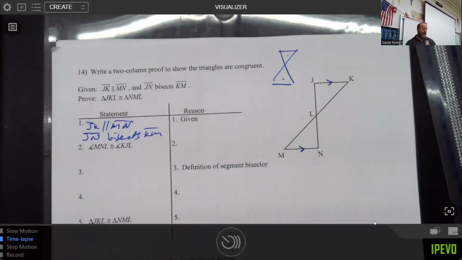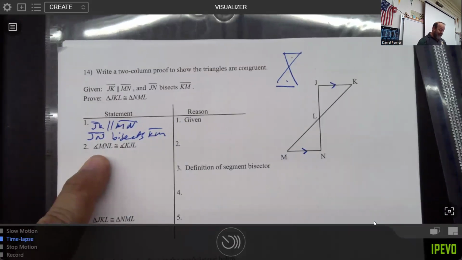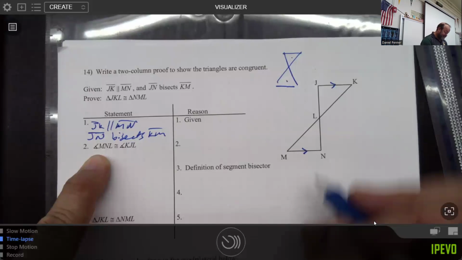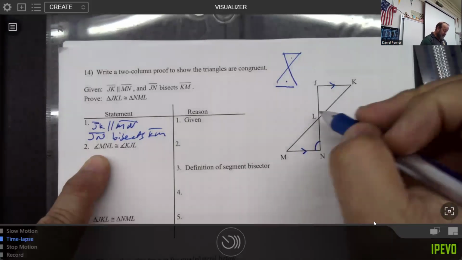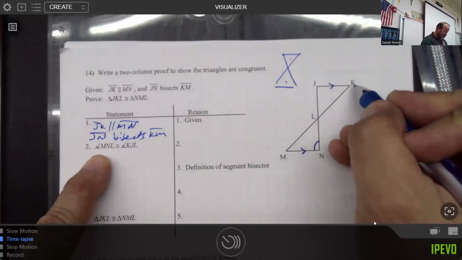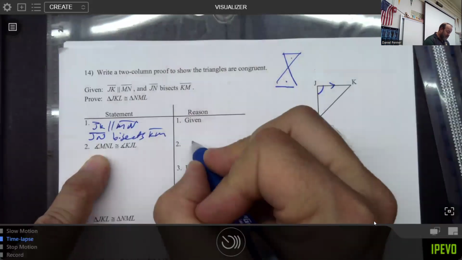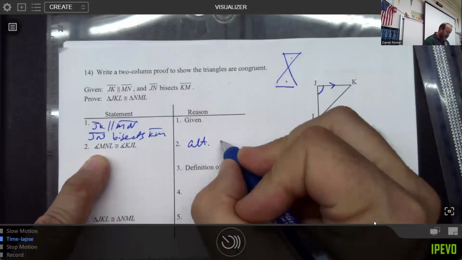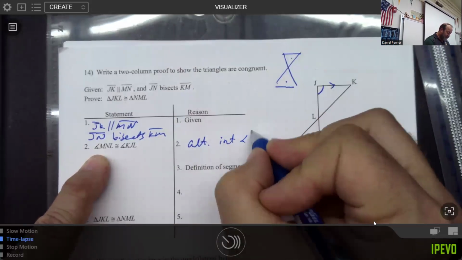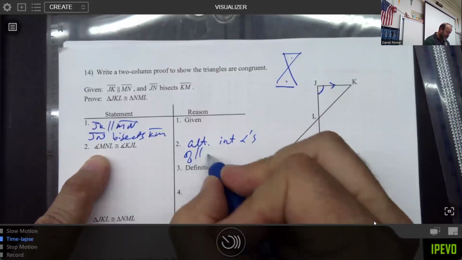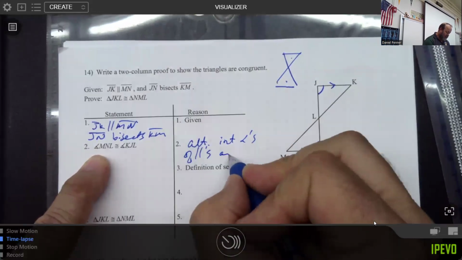But now we're going to go ahead and start using that information. So why do I know that angle MNL is the same as KJL right here? That would be true because alternate interior angles of parallel lines are congruent.